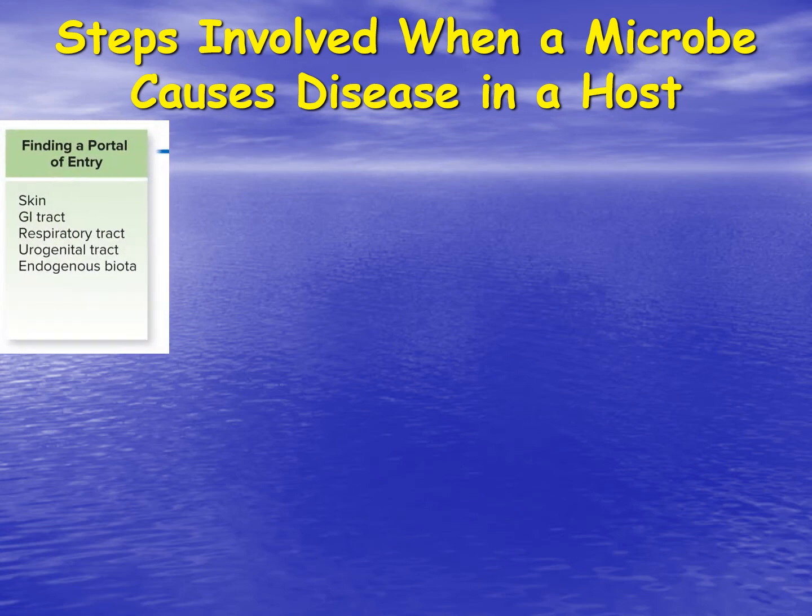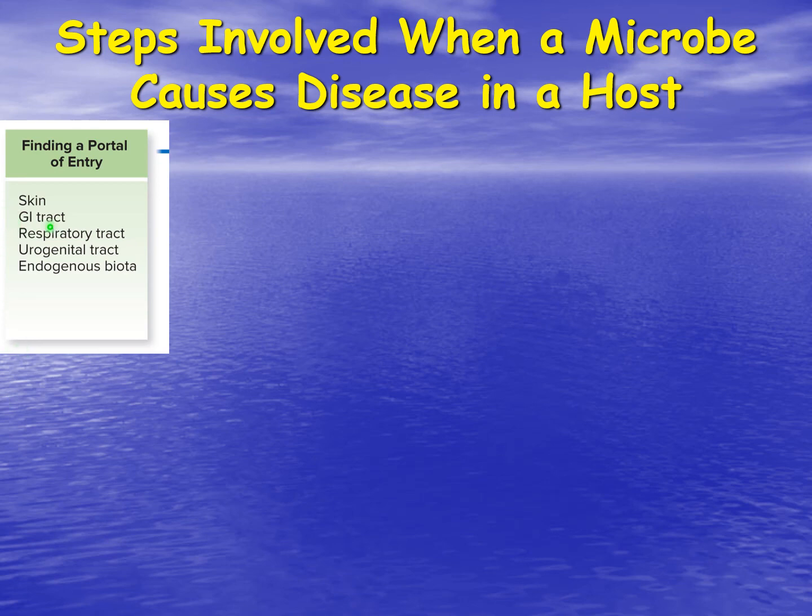Now, the steps involved when a microbe causes disease in hosts, we can actually see this progress. First of all, as I mentioned in the slide previous, we have to find an open portal of entry. And that actually can sometimes be difficult. But I will say, most organisms actually enter the body either through the GI tract or the respiratory tract.